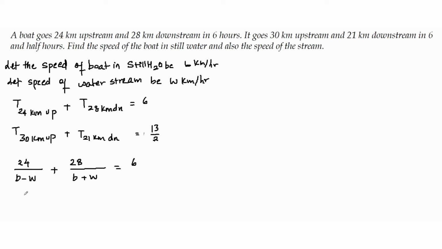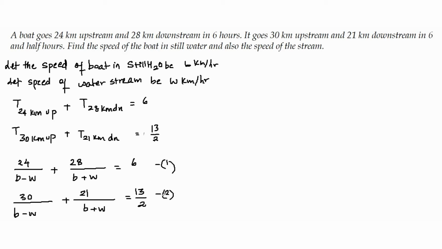And the second equation would be 30 upon b minus w plus 21 upon b plus w is equal to 13 upon 2, right? So these are my first two equations.